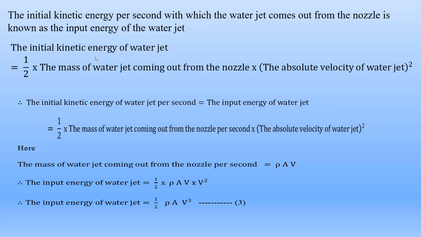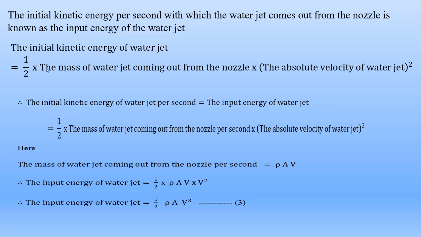On the left side, the initial kinetic energy of water jet divided by time, that is also called the initial kinetic energy of water jet per second, is equal to, on the right side, half into the mass of water jet coming out from the nozzle divided by time into the absolute velocity of water jet whole square. That is the right hand side.